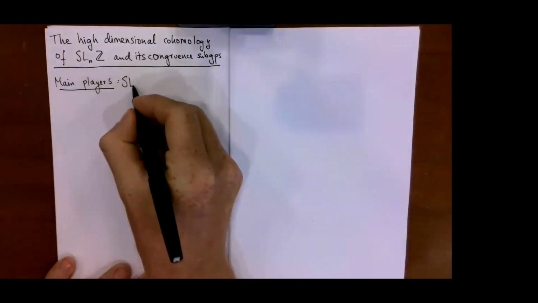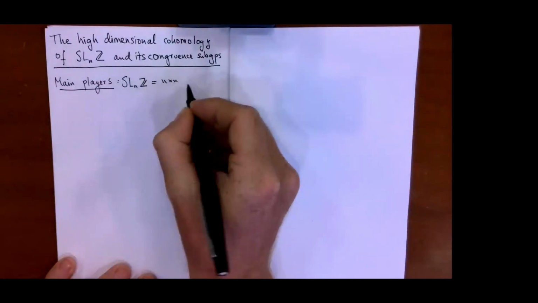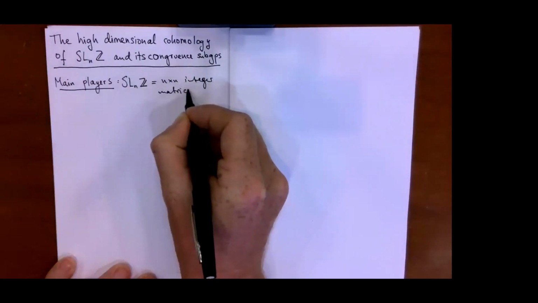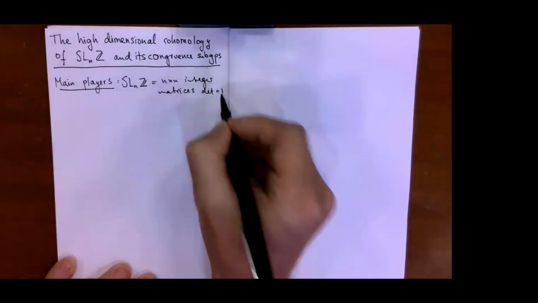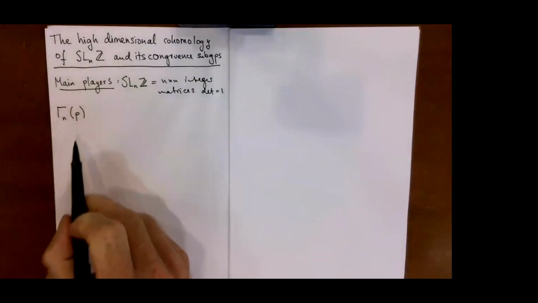So I'll talk about SL_n(Z), which is the n by n integer matrices with determinant 1. The other main player is principal, and mostly prime, level congruence subgroups. My notation for that is going to be Γ_n(p), because I want to make sure that I know in which SL_n I'm sitting.